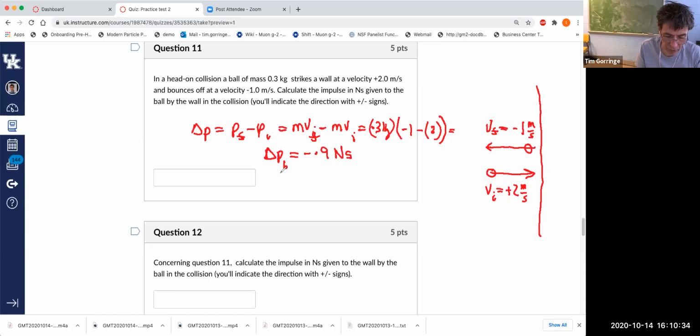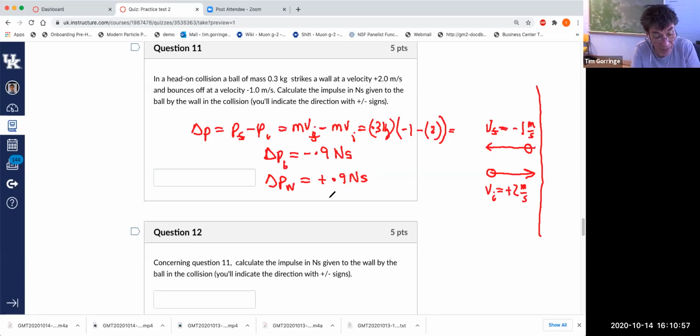And it's just like the forces of the ball on the wall and the wall on the ball are equal and opposite. The impulses given to the ball and the wall are equal and opposite. And so I don't need to do a calculation here. The wall's impulse is going to be plus 0.9 Newton seconds.